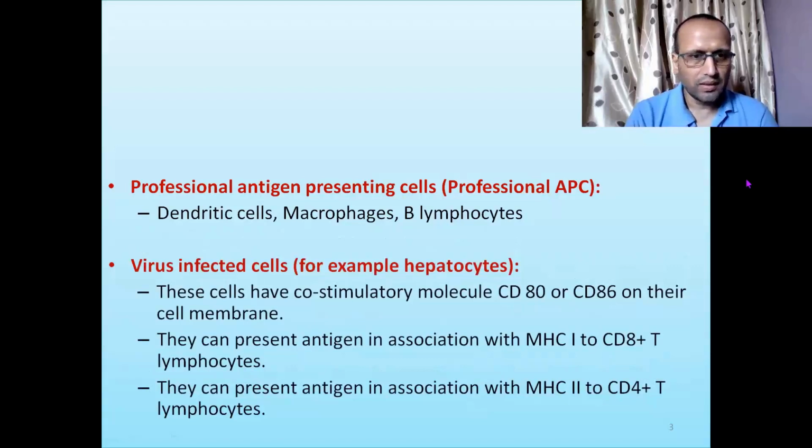For example, virus-infected hepatocytes can present antigen to CD8 positive T lymphocytes in association with MHC class 1 molecule, and these cells can present antigen to CD4 positive T lymphocytes in association with MHC2 molecules.